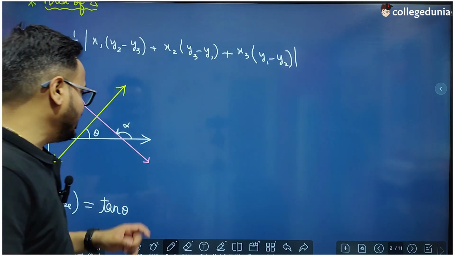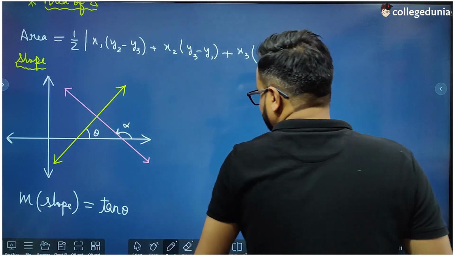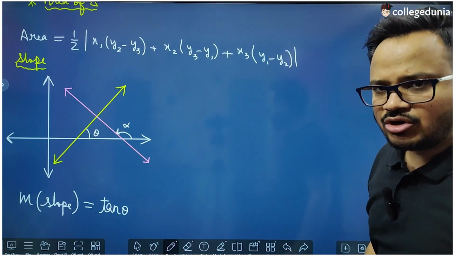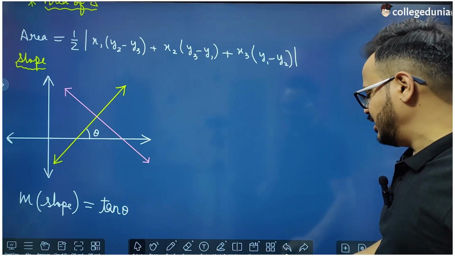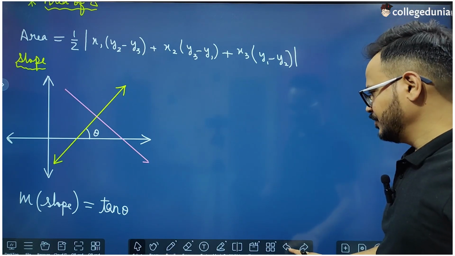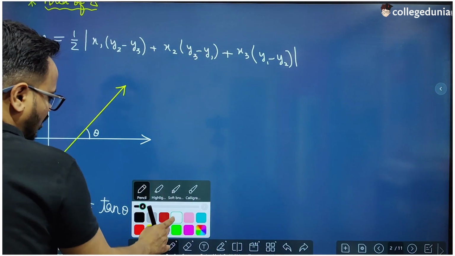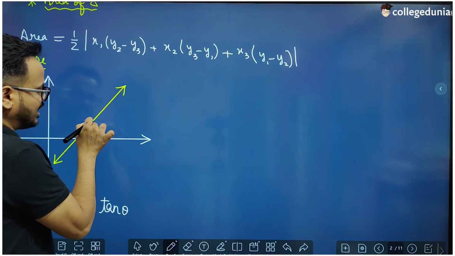Now there is another formula to find the slope of the line, which is when this angle is not known. When we do not know the angle made by the line with x-axis, and instead of the angle we know 2 points which lie on the line.